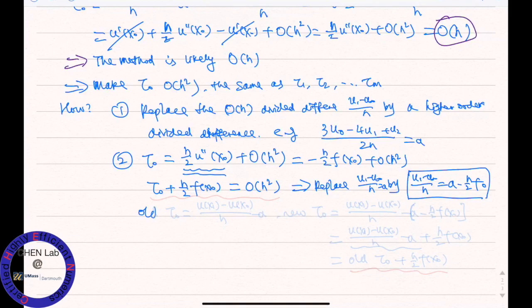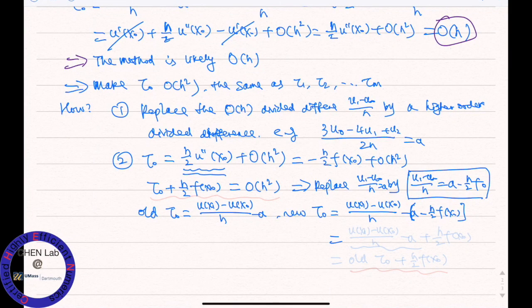Because the old tau 0 is simply, as we just did, u at x1 minus u at x0 divided by h minus a, right? The new tau 0 is u of x1 minus u of x0 divided by h minus a, minus the right hand side, which is a minus h over 2 f at x0.